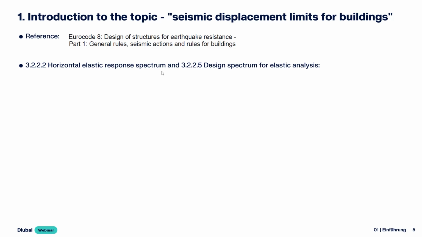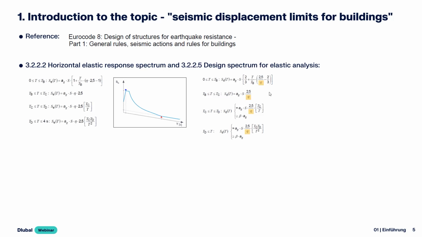I'm going to start with 2 sections so that maybe we'll know, but if not, I'm going to explain very quickly. So these are the horizontal elastic response spectrum and the design spectrum. So I made here a quick summary with the equations, and for the elastic we have the base values or the base equations.